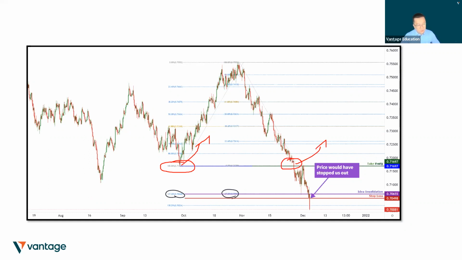But remember, what's the trend? The overall trend was towards the downside, so this would be a little bit of a higher risk trade.